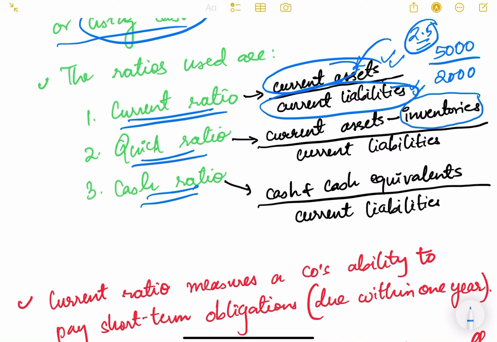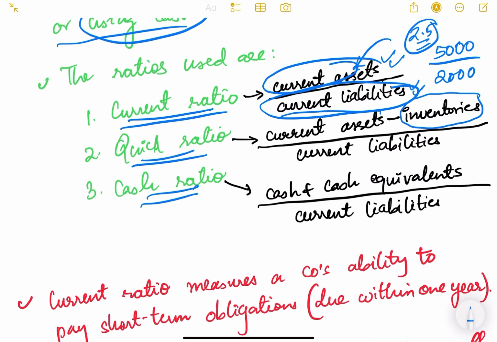If you have inventory in your godowns, it is not easy to sell it once your company is going bankrupt or liquidating. So they say we should subtract the inventories from the current assets, and whatever is left we should consider to look at the company's financial health.